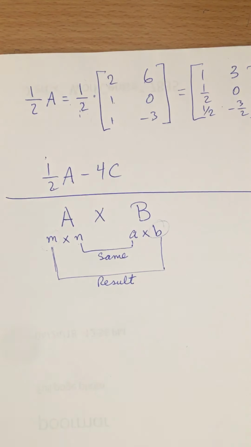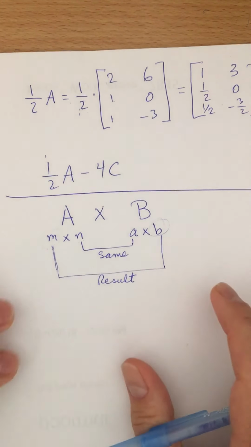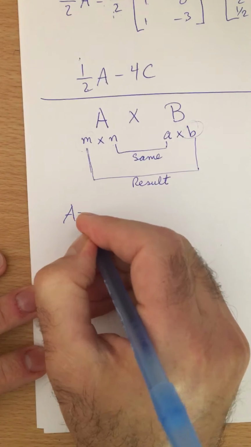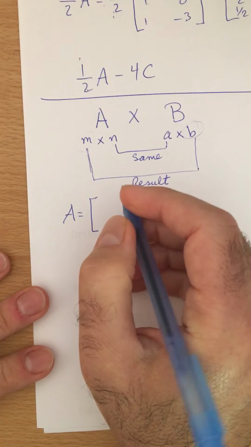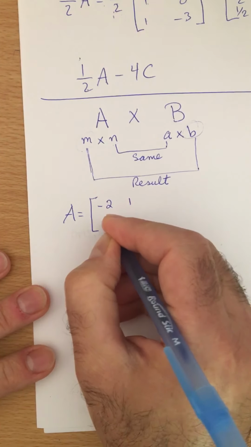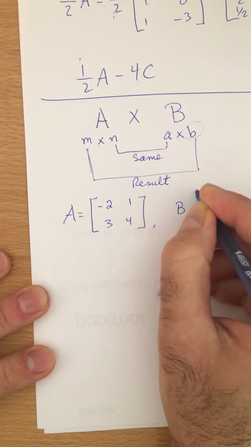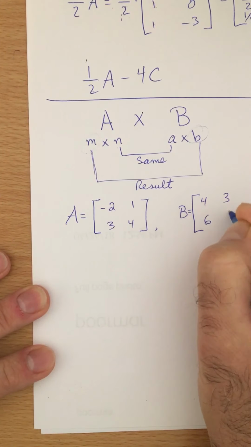So let's go to page 582, and I want to multiply these two matrices given to me in example 6. Let's say matrix A, which is a square matrix, and matrix B, which is also a square matrix.